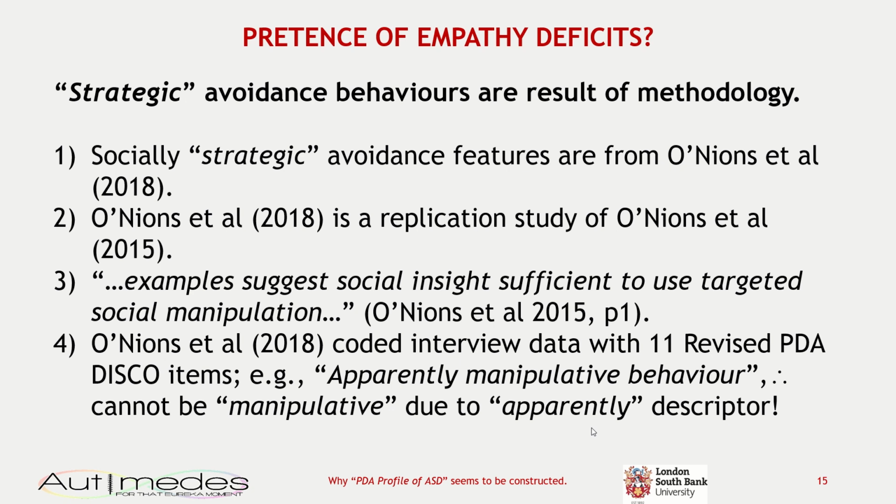So you've got to call it something else, and you can't call it manipulative because it's only apparently, so they have to use the term strategic instead. That's where it comes from. So I'm arguing that the strategic avoidance behaviours are a result of the methodology and the axiology used within the 2018 paper, more than they are actually not manipulative avoidance behaviours.